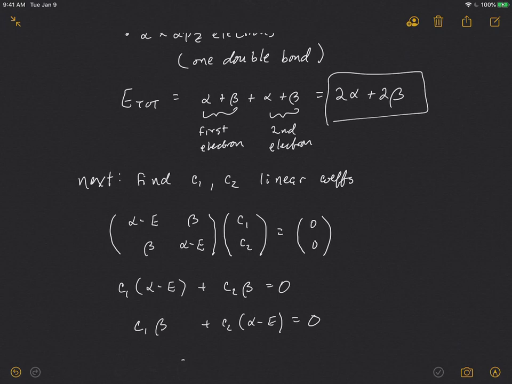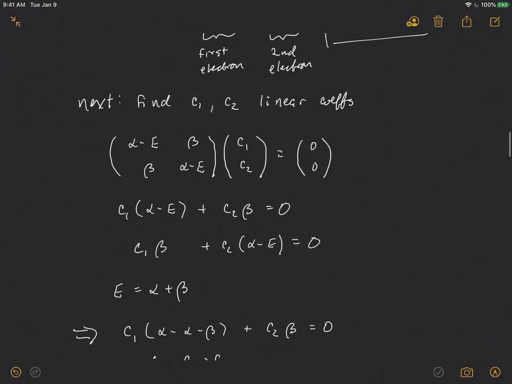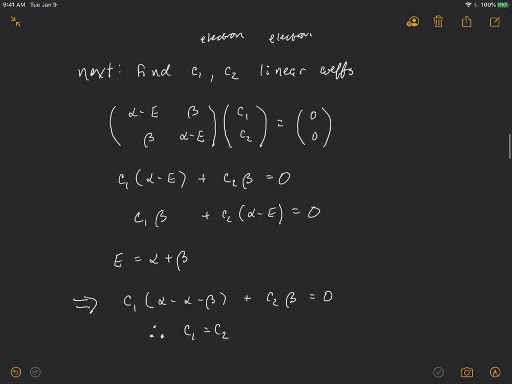beta C1, or C1 beta, plus alpha minus E C2 is equal to 0. So from these straightforward equations, if we plug in E equals alpha plus beta, then we get C1 times alpha minus alpha minus beta, plus C2 beta equals 0.